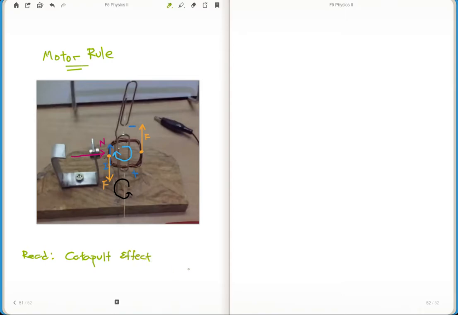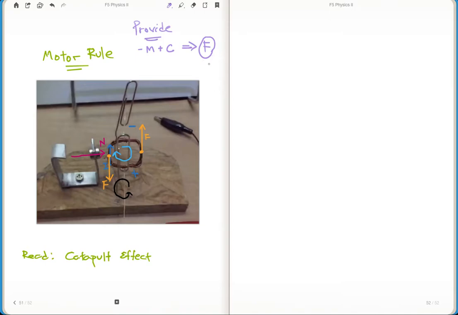Okay, so the case is always this: as long as you provide the conditions, you provide the magnetic field, you provide current, you get a force, and you need to identify the direction of the force.